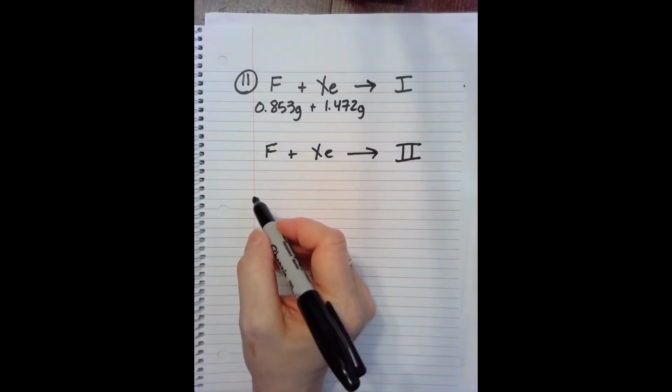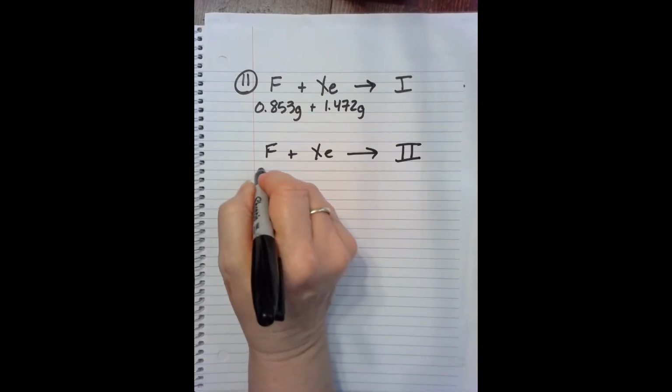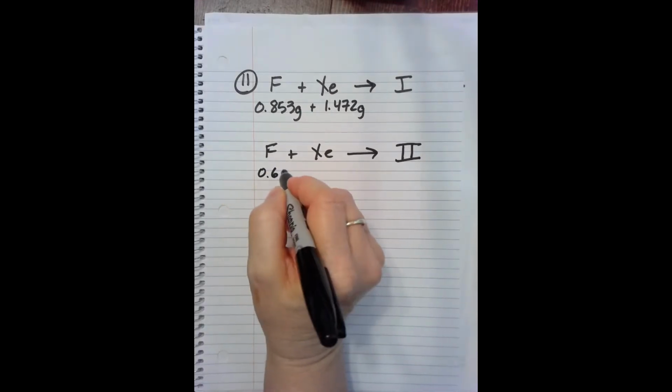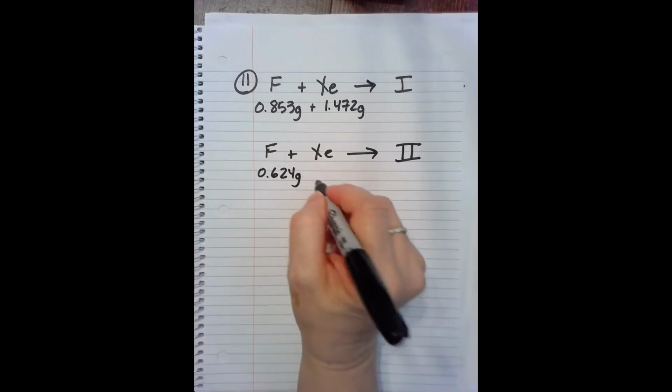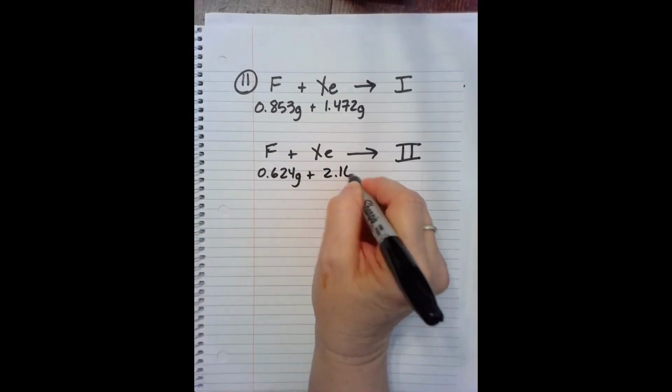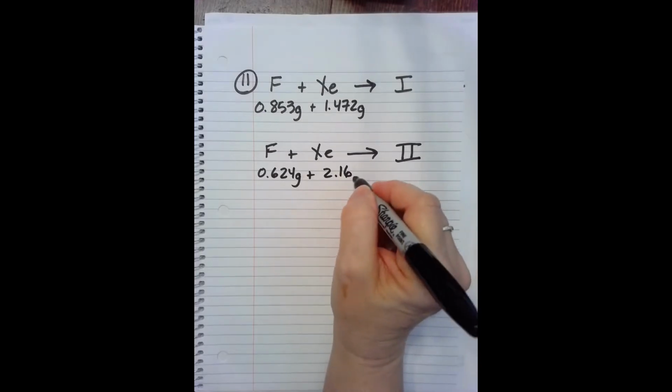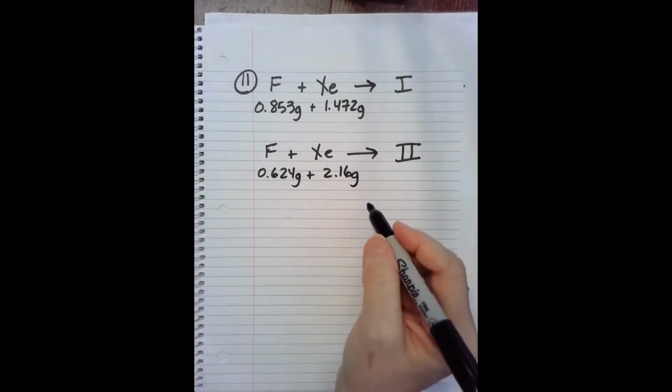So in this compound, we have 0.624 grams of fluorine combining with 2.16 grams of xenon.